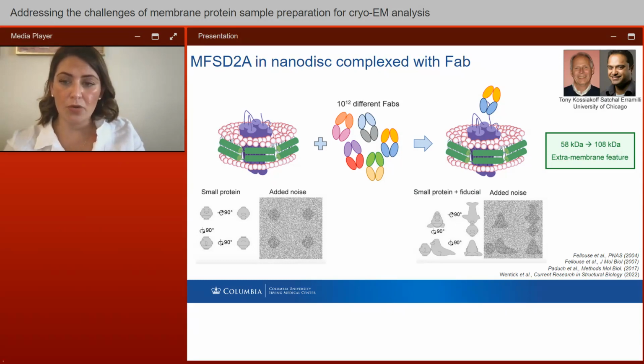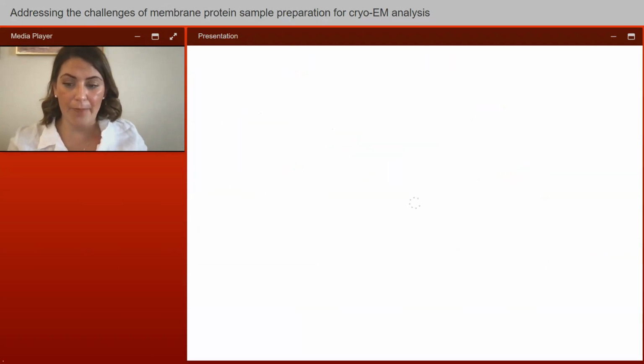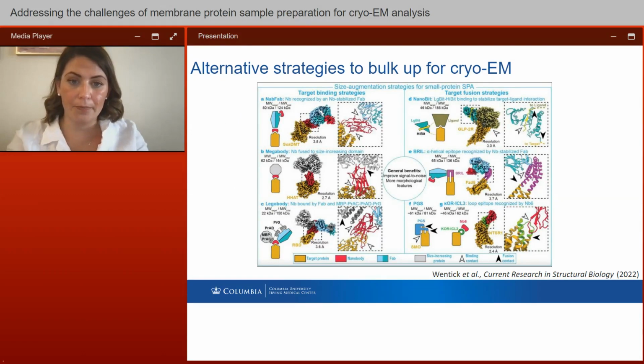This does two things to help with structure determination using cryo-EM. First of all, it bulks up the size of your protein, so we've gone from 58 to 108 kilodaltons in this case, which gives us more signal. It also gives us an extra feature outside the membrane to tell us which way the particle is facing, what way is up and what way is down, and then align our particles more efficiently.